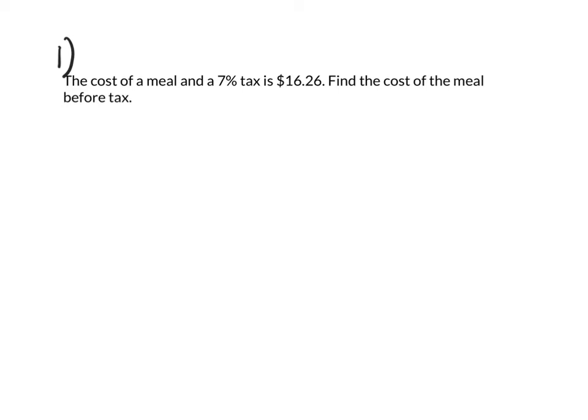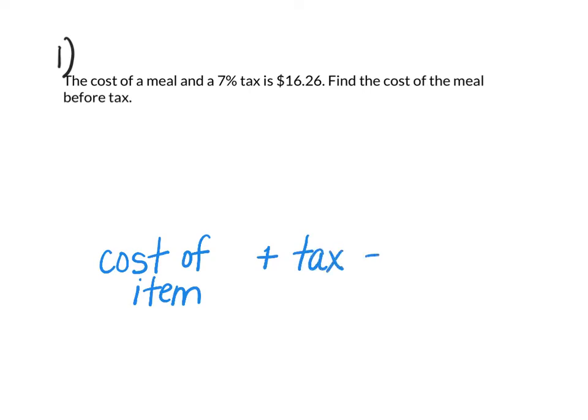So first of all, let's talk about what happens when you buy something that has tax added onto it. You have the cost of the item, whether it be a meal at a restaurant or a pair of jeans or a new car. And then they add sales tax to it, and that gives you your total price or your total cost.